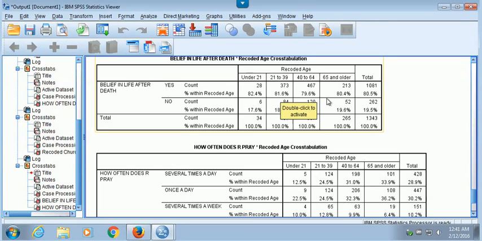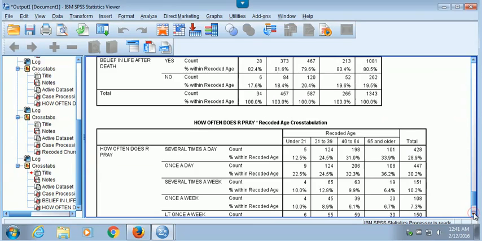These numbers are extremely similar across the different categories of age, both for yes and no. Because this is a very weak to no relationship, knowing someone's age doesn't help you better predict whether they believe in life after death. So this is an example of two variables that are not highly related to one another.